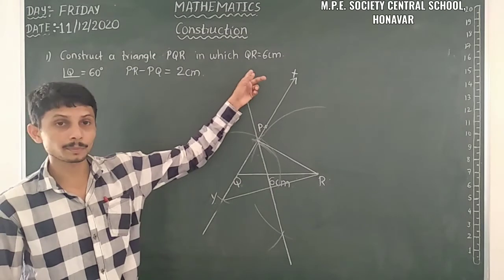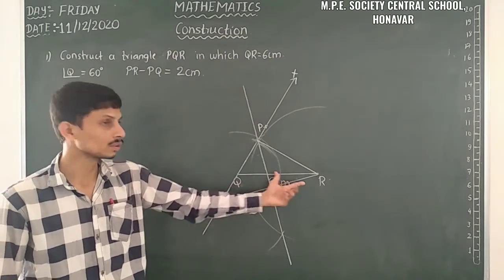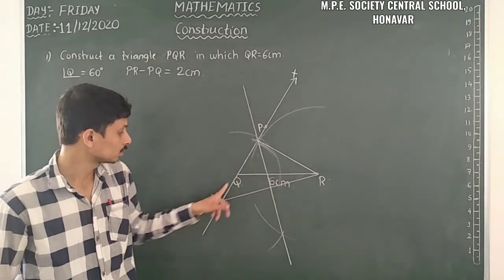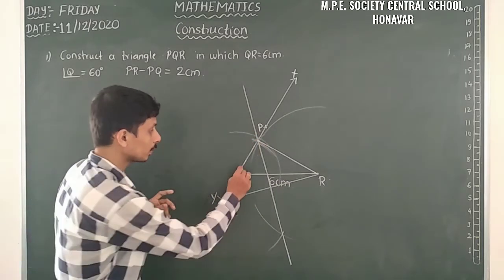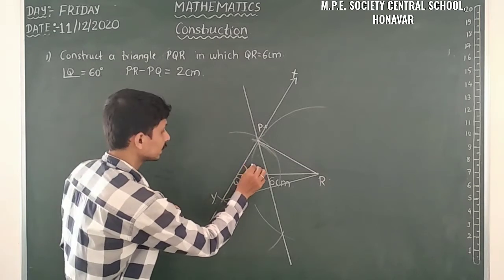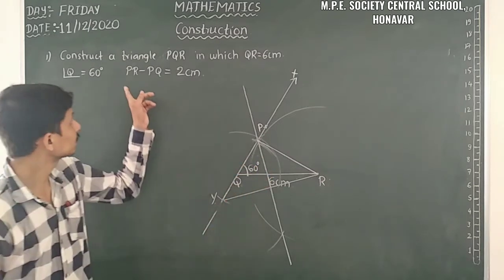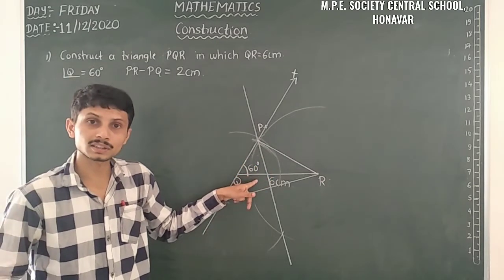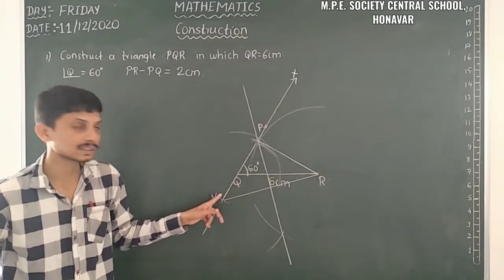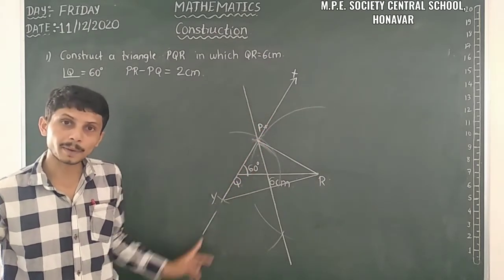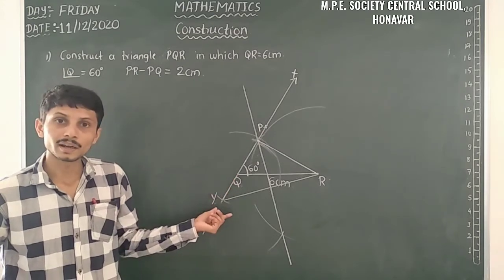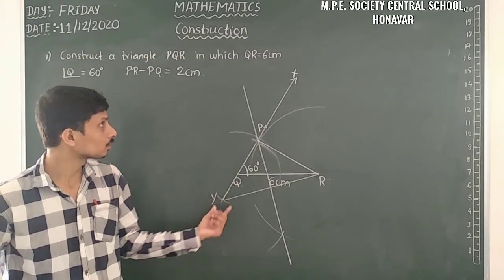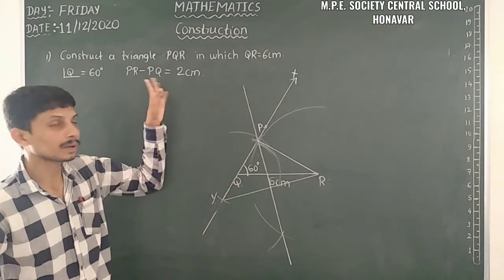So be careful about that one. We have QR, so we have to mention only QR. So Q. Then we have to make an angle of 60 degrees. It is given, the 60 degree angle is given. So we have to construct 60 degrees, and then extend that line in the backward direction. Then we have to cut that line at a point Y with QR equal to PR minus PQ.